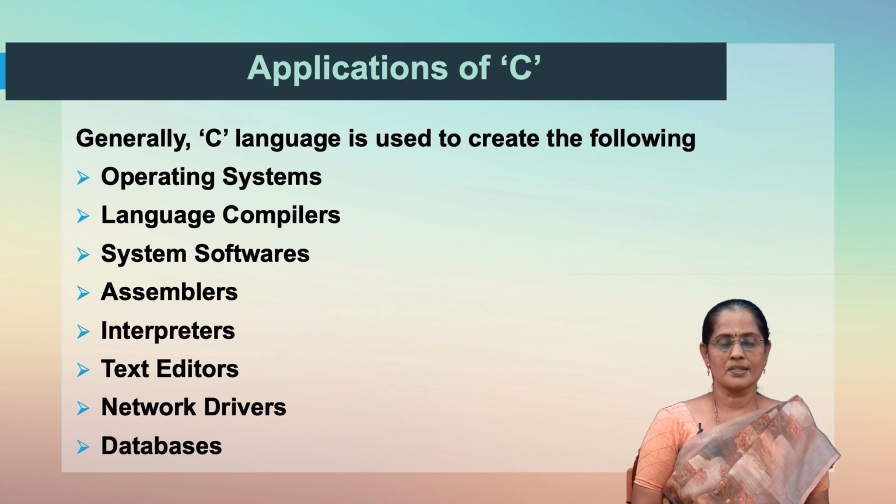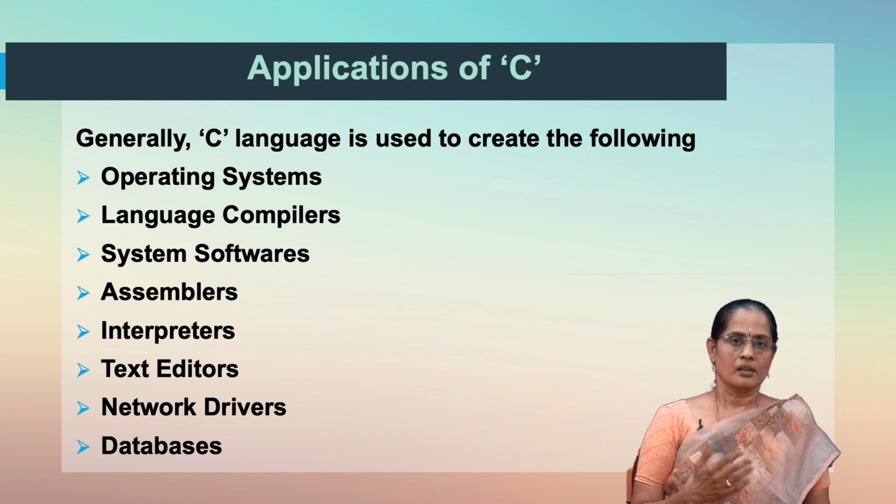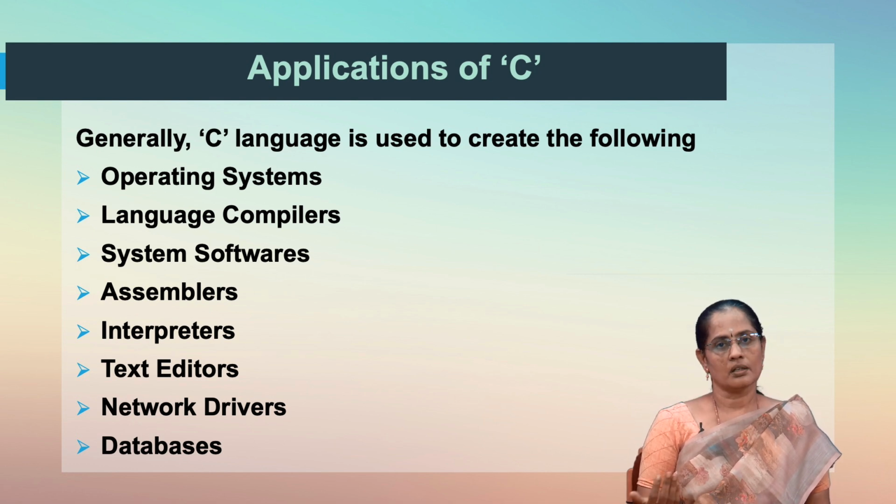So, compilers serve as the bridge between the human language and the computer language. So, C is used for developing such kinds of language compilers. And then system softwares. System softwares are the programming modules which help us do different tasks with respect to the operating systems.